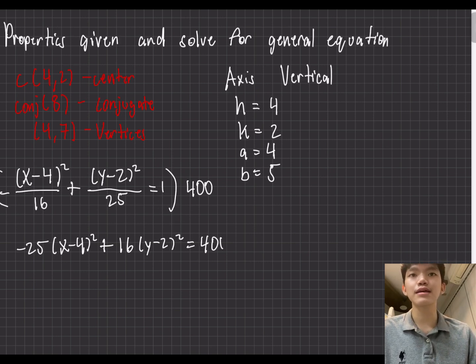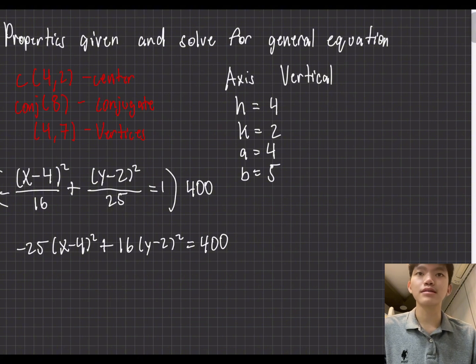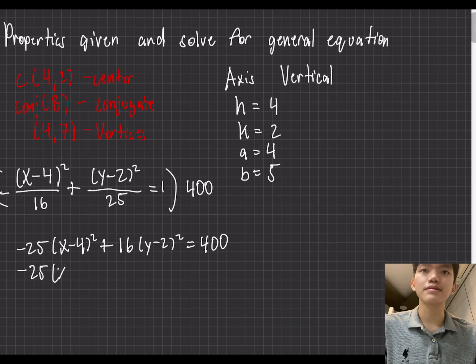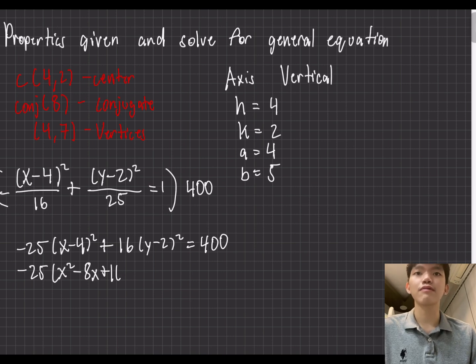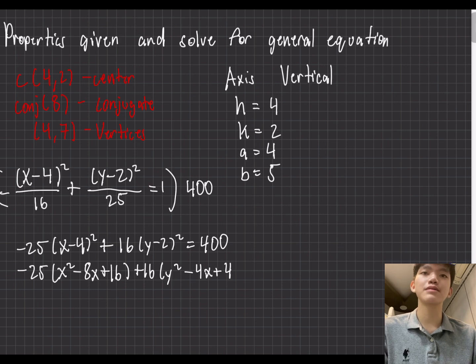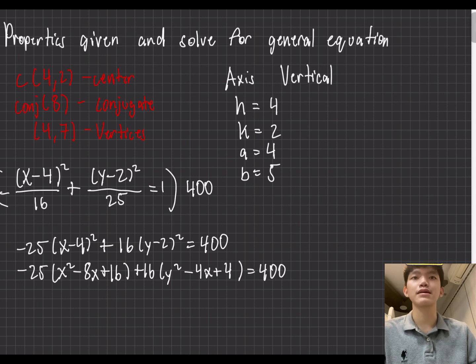So let's expand it. Negative 25, x times x is equals to x squared. And 4x times 2 is equals to 8x. So divide it by 2. So it will be 4. 4 squared will be 16. And next, it's positive 16.